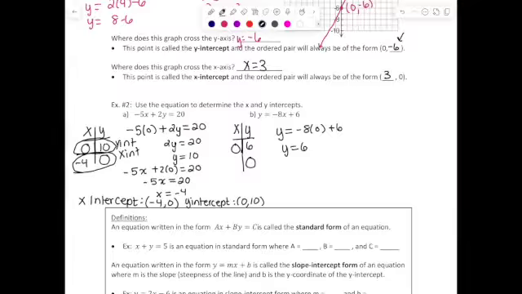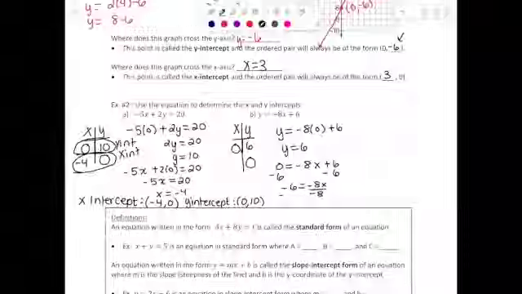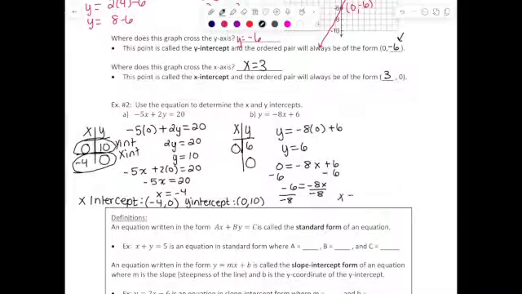Now we need to plug in 0 for y. 0 equals -8x plus 6, minus the 6, minus the 6. I get -6 equals -8x. Divide by -8. That gives me x equals 6 over 8. I don't want to leave it like that, so I'll get 3/4. Okay, so 3/4 will go here.